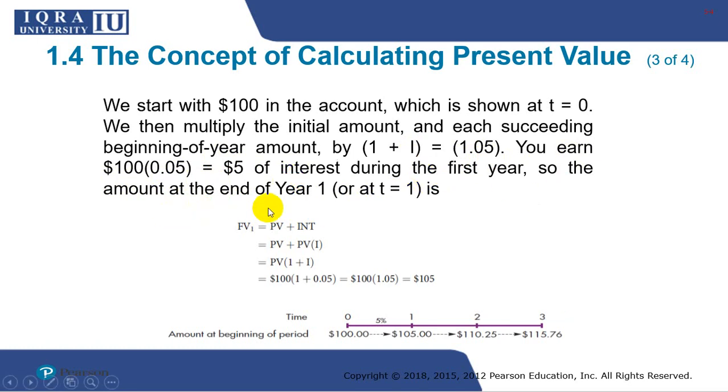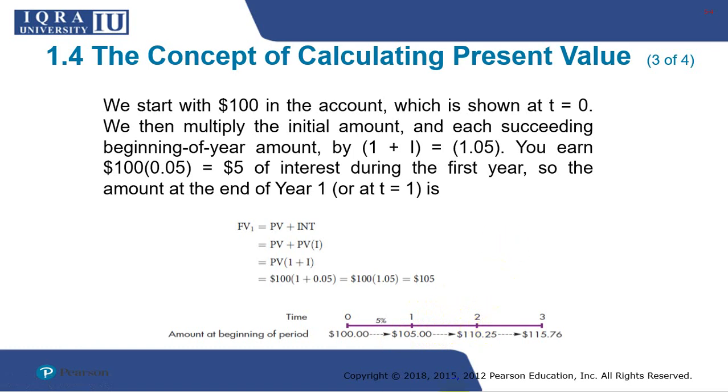So the amount at the end of the first year will be present value plus interest. The interest, you already know, is $5. So 100 plus $5 is $105. When you check for the second year, your principal amount is 105, and you will multiply it by 5%.